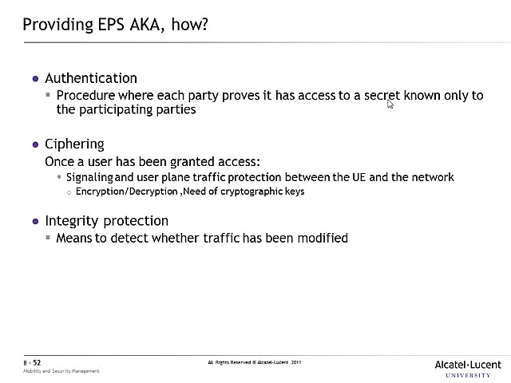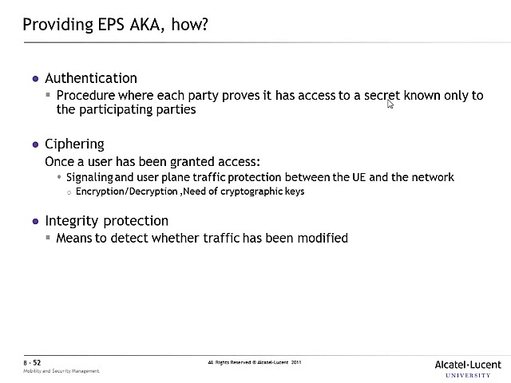So ciphering is a process by which we ensure that the message is protected so nobody can read it. So somebody can't pick up your packet and read the contents of it because the message is ciphered. Yeah? Then there's also integrity protection.